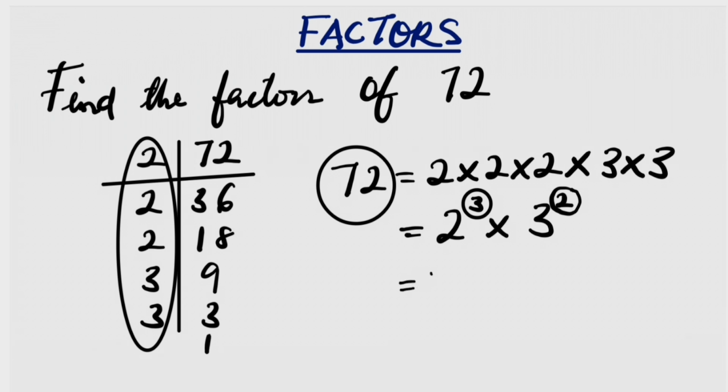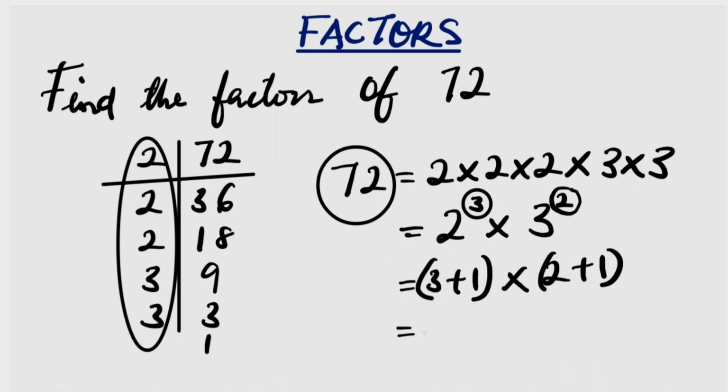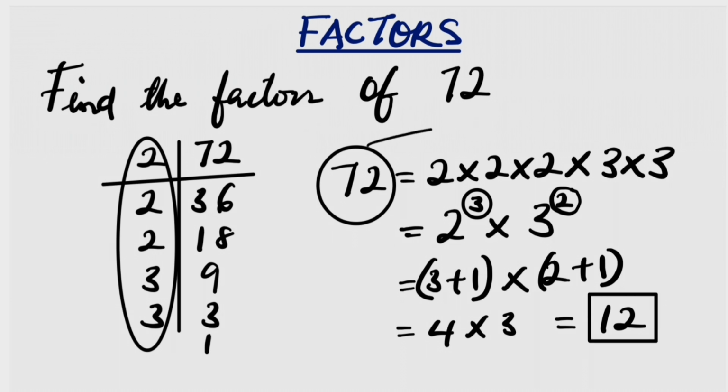So 3 plus 1 multiplied by 2 plus 1. 3 plus 1 is 4, and 2 plus 1 is 3. And 4 multiplied by 3 gives 12. So this tells us that 72 has 12 factors.